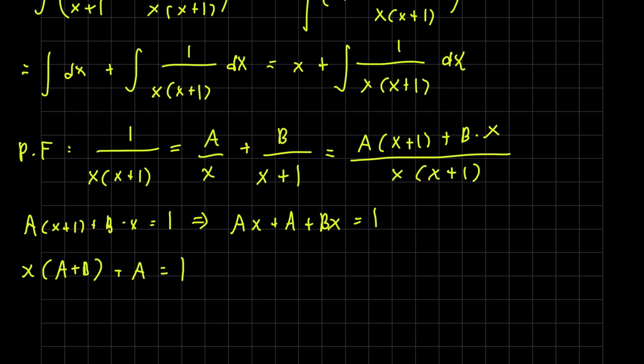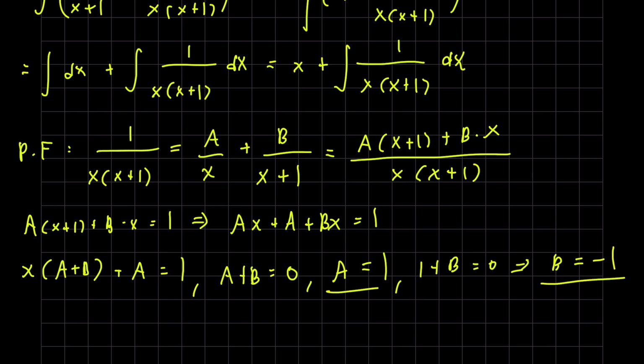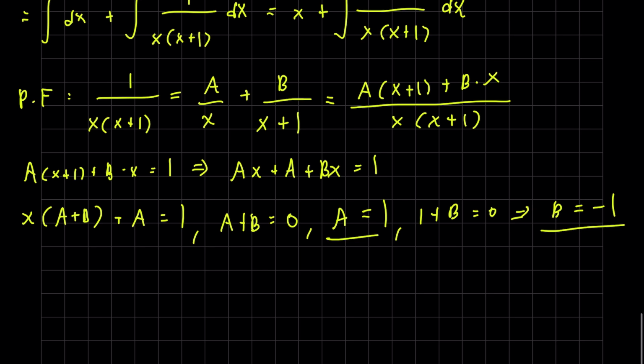So this expression is true only when A plus B is 0 and A is equal to 1. If A equals 1, we could replace it in the other expression. So we have 1 plus B is 0, which means that B is −1. So we have A equals 1 and B equals −1.